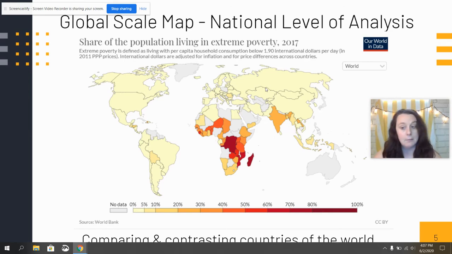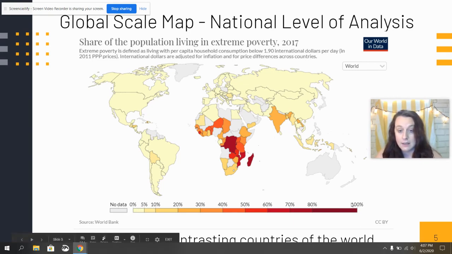But this can be problematic because, for instance, let's look at what this map is showing: share of the population living in extreme poverty in 2017. You can see the darker the red, the more poverty, the lighter the yellow, the less poverty.